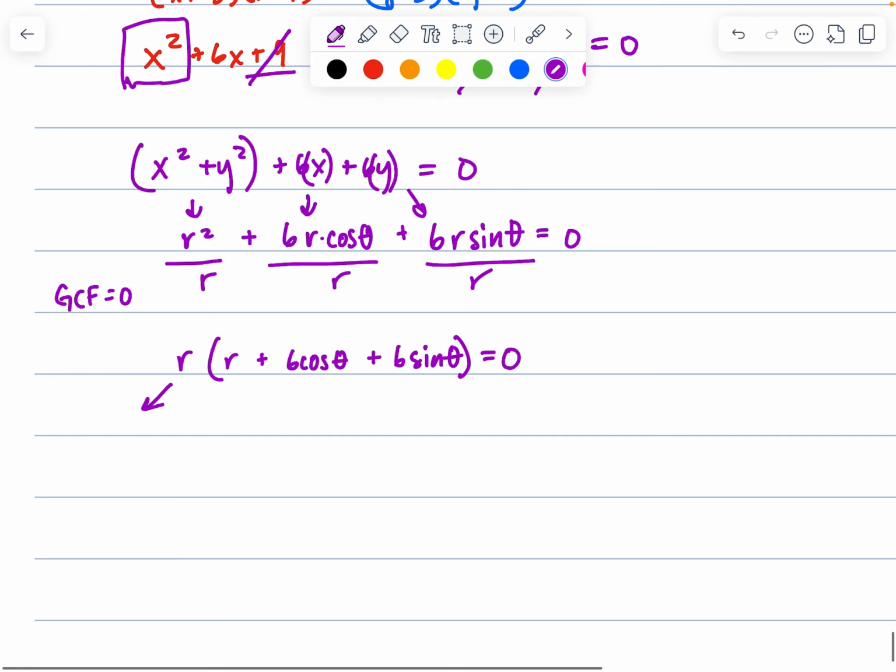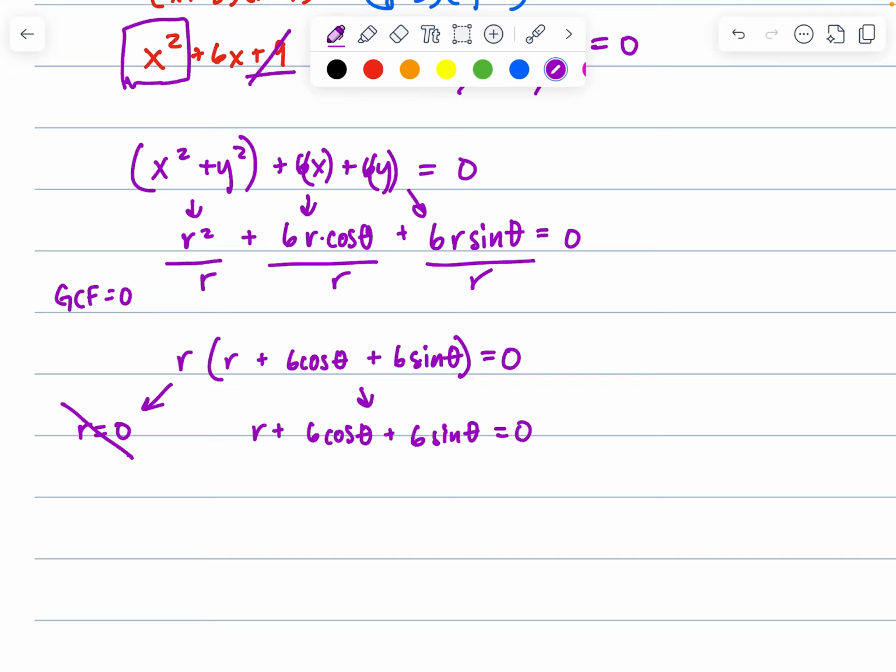Once again, you break this up into 2 different equations. r is equal to 0 doesn't really exist. That washes away. And then we end up with r plus 6 cosine theta plus 6 sine theta is equal to 0. We need to get r by itself. So I'm going to subtract 6 cosine theta and subtract 6 sine theta at the same time.